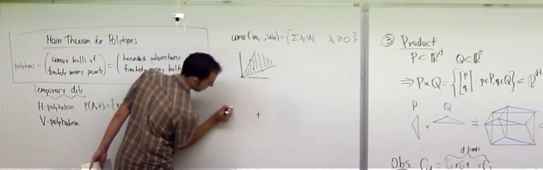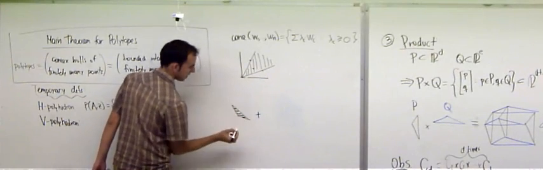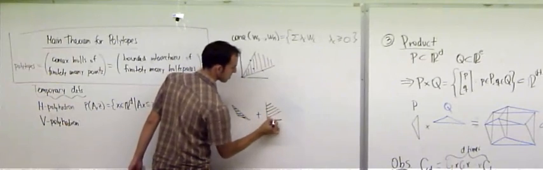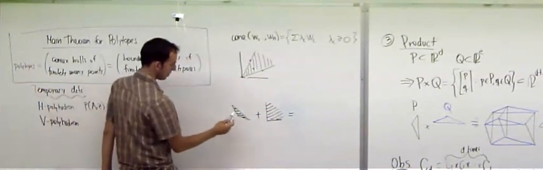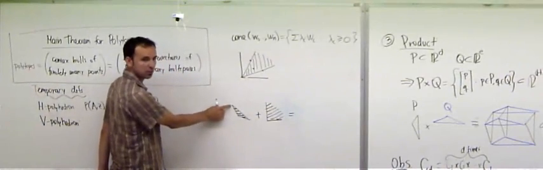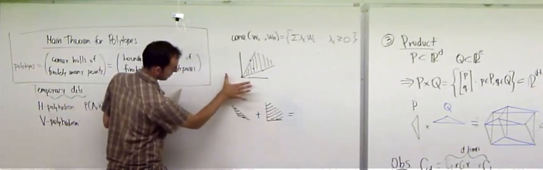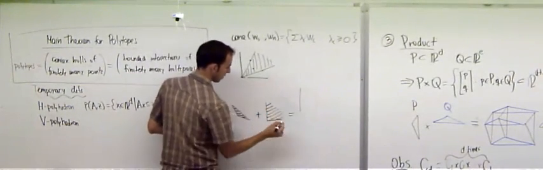Let's say that it's this triangle. Okay? And I take the Minkowski sum of that with a cone. Then what am I going to get? Well, basically, at each one of these points, you can have that cone. So you're sliding that cone around. And so if you look at what you're going to get, you're going to get something that looks like this.